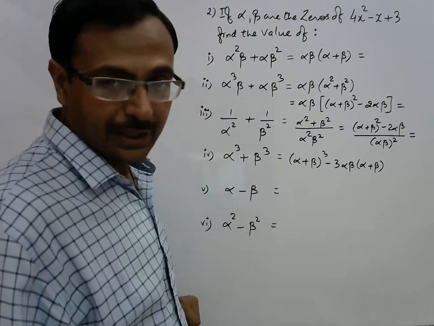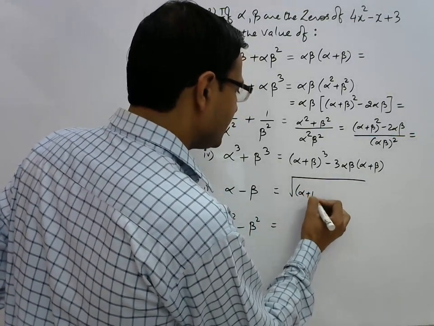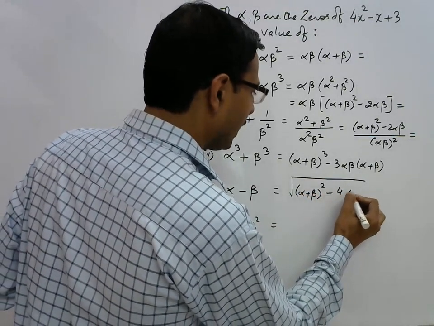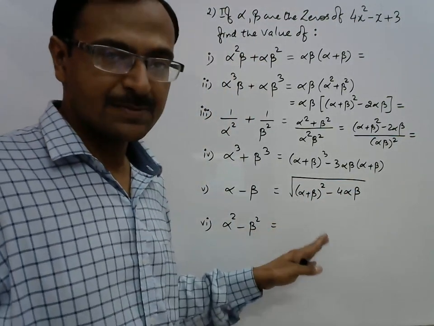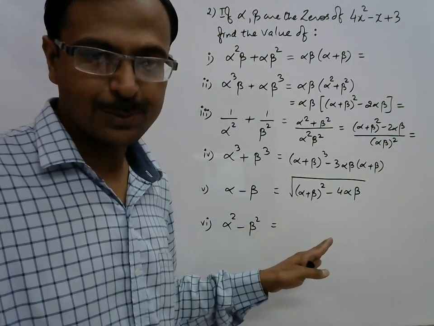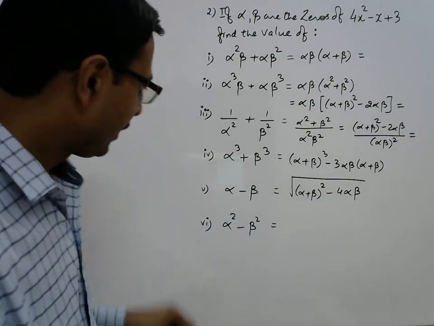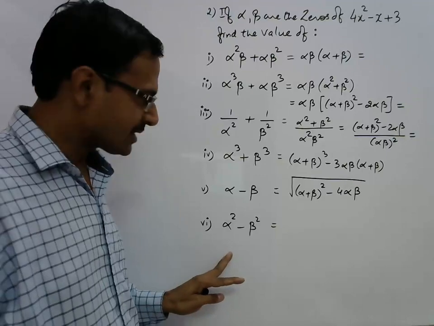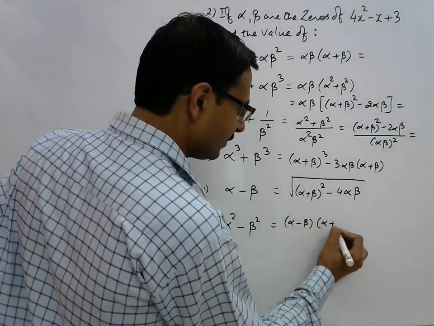Fifth one also, now again you have to remember this. This is square root of alpha plus beta whole square minus 4 alpha beta. Again something you have to remember. From alpha plus beta whole square we can derive this relationship also. Now you can put the values and find the value of this expression also. Now for the final part, alpha square minus beta square, this is alpha minus beta into alpha plus beta.